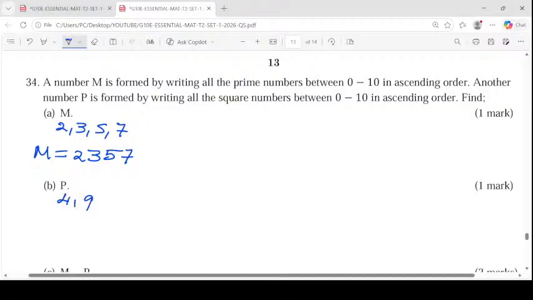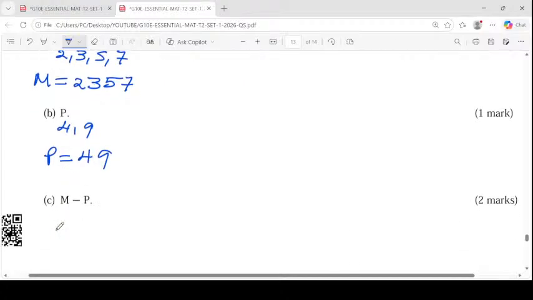Therefore, p is 49 in ascending order. Okay, m minus p.